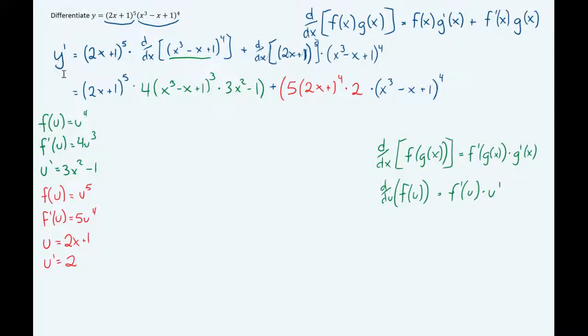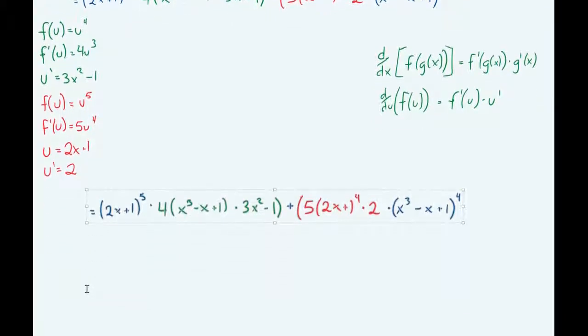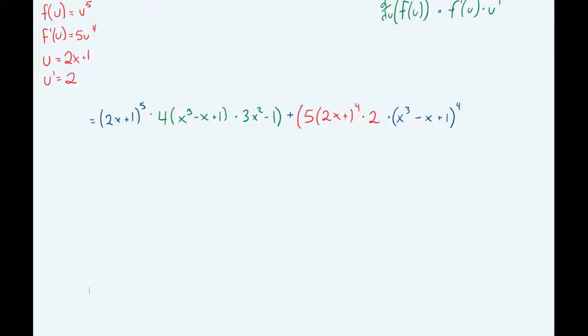So I will take this and let's move on down here. Okay, so this is going to equal, as far as simplifying here, I only have a 4, and I'll just bring that out front.